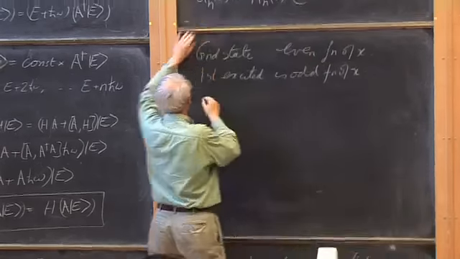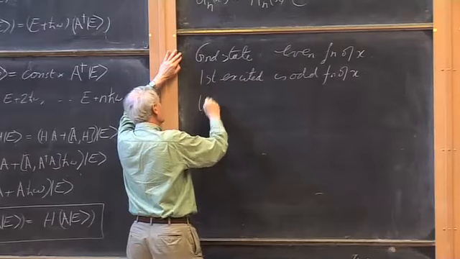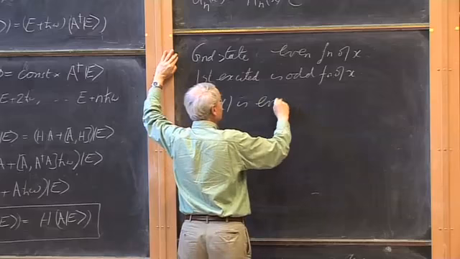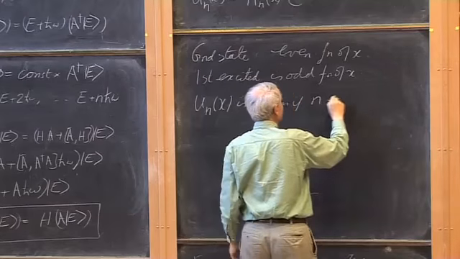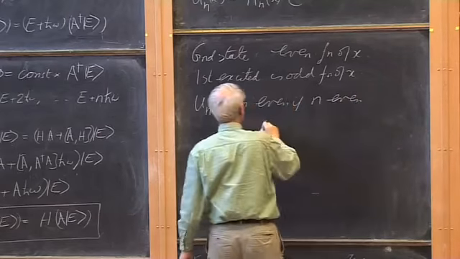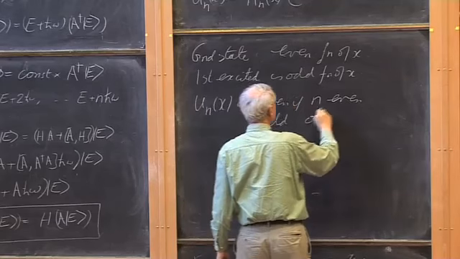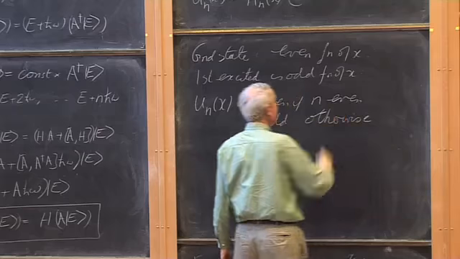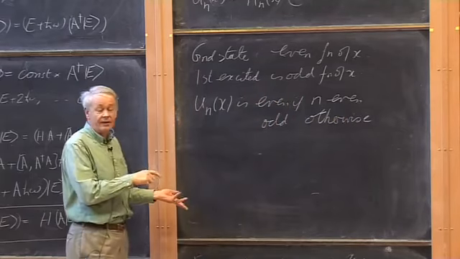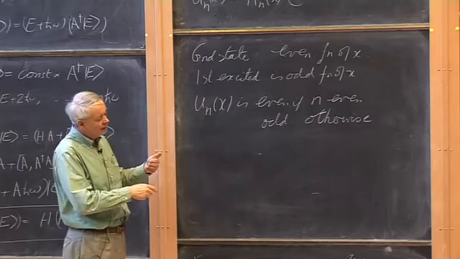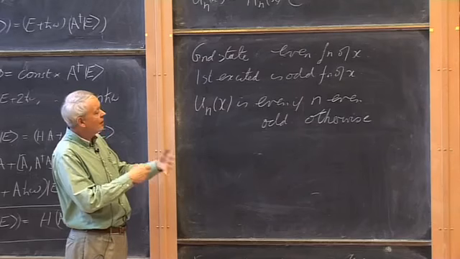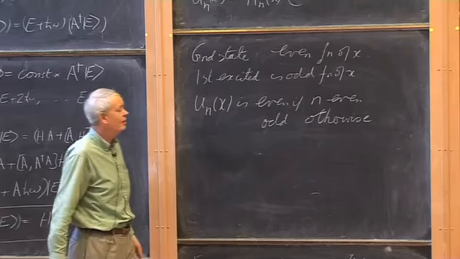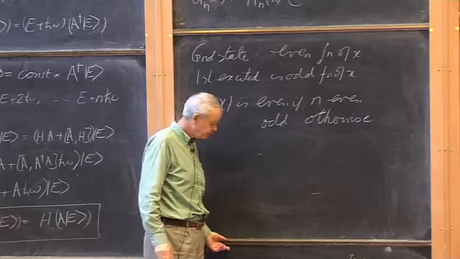So in fact, un of x is even if n is even and odd otherwise. We'll meet this phenomenon in other cases, that it's very often the case that the ground state is even and the first excited is odd and the next one is even and the next one is odd and so on, for similar reasons.